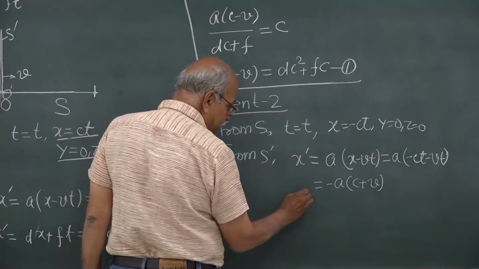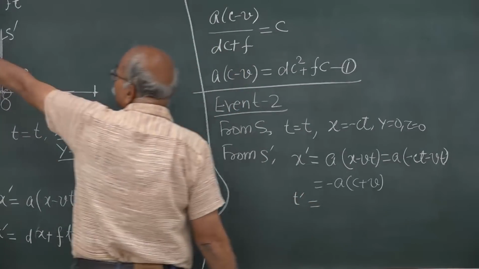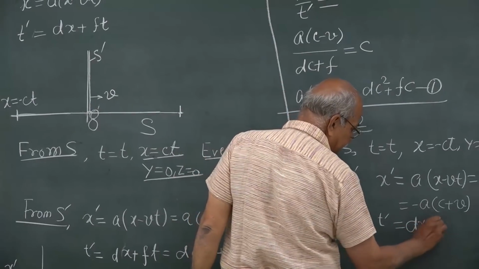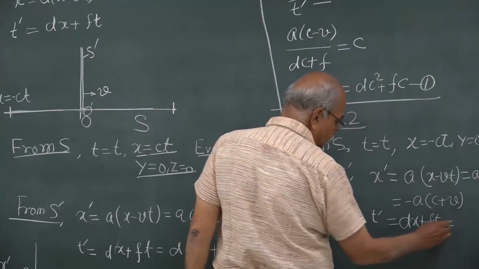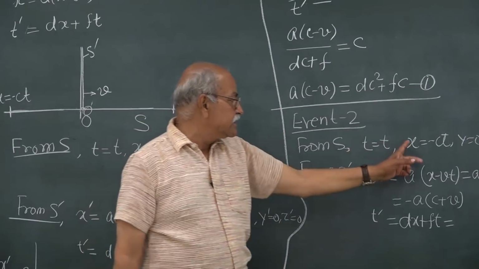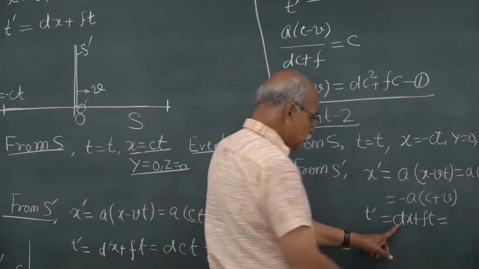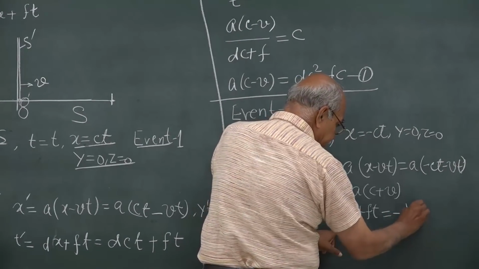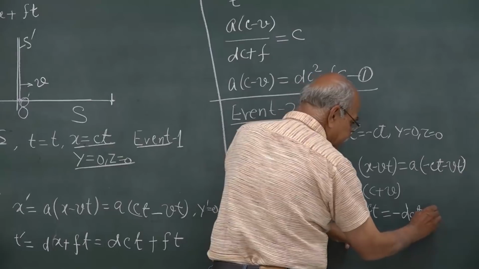And what is t prime? t prime is equal to Dx plus Ft. x is minus Ct, so it is minus D C t and plus F t.